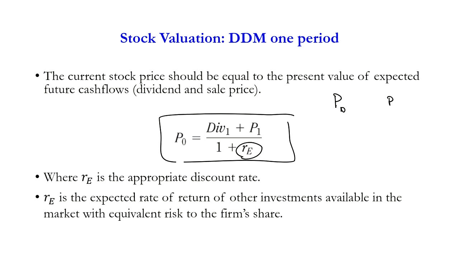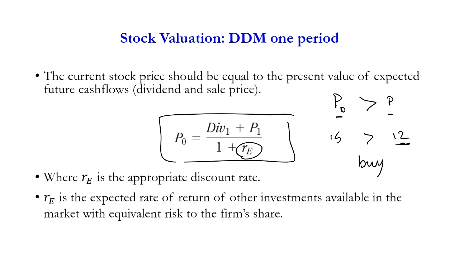If P0 is larger than p, say we get P0 as 15 and the observed price is 12, that means the stock is cheap and we need to buy.